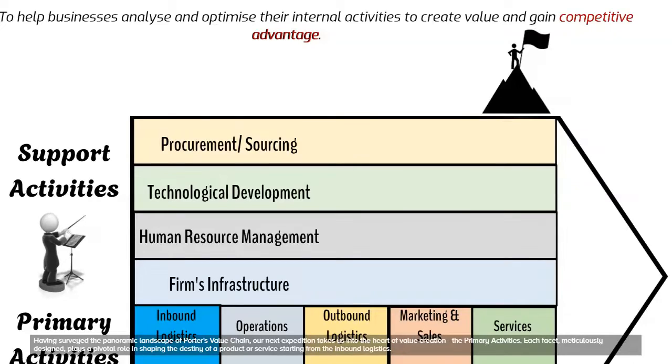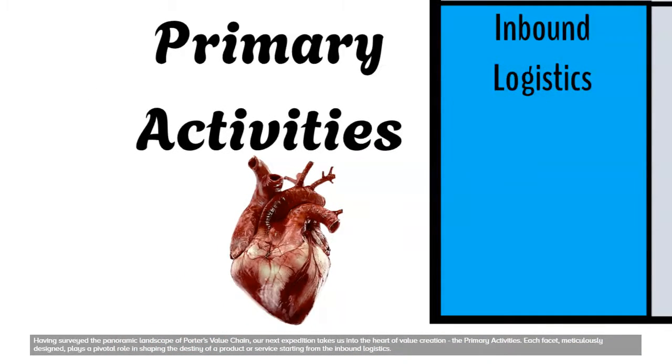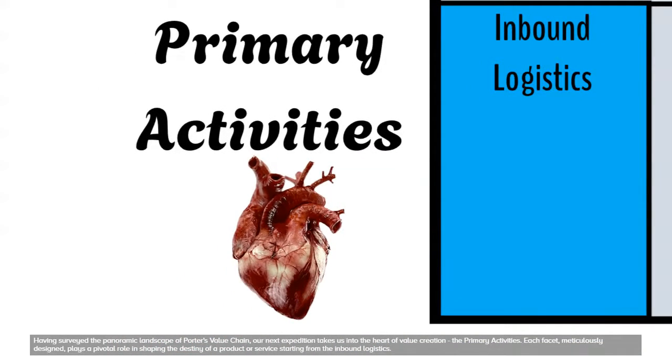Having surveyed the panoramic landscape of Porter's value chain, our next expedition takes us into the heart of value creation, the primary activities. Each facet, meticulously designed, plays a pivotal role in shaping the destiny of a product or service, starting from the inbound logistics.